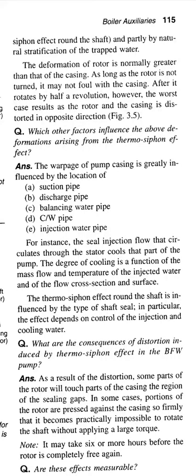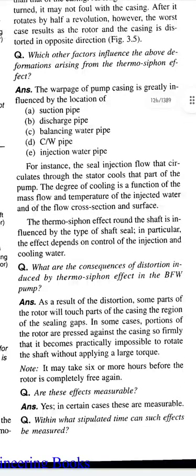You will see the figures in further videos. The next question: which other factors influence the above deformation arising from the thermosiphon effect? Answer: the warpage of the pump casing is greatly influenced by the location of suction pipe, discharge pipe, balancing water pipe, cooling water pipe, injection water pipe.